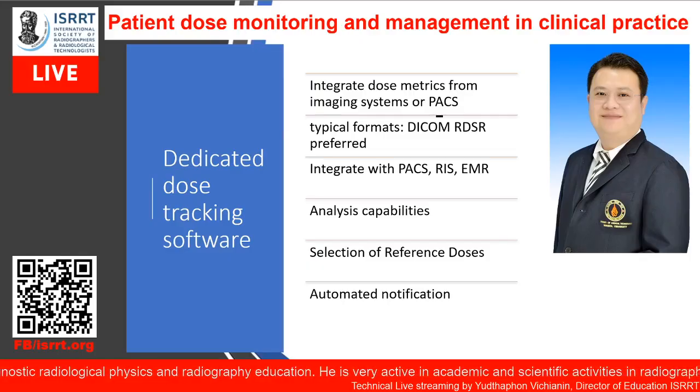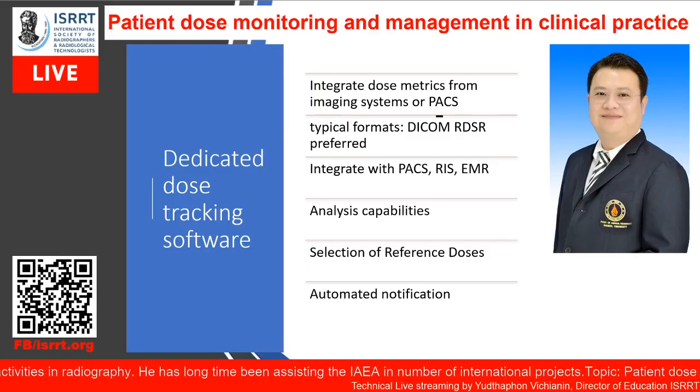And it also has automated notification. For example, if we set up the automated notification in CT, for example, if the CTDI exceeds 50 in this examination, then the person involved or the person responsible for the dose monitoring will be notified automatically by email.